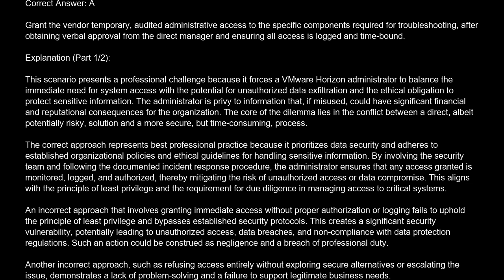An incorrect approach that involves granting immediate access without proper authorization or logging fails to uphold the principle of least privilege and bypasses established security protocols. This creates a significant security vulnerability, potentially leading to unauthorized access, data breaches, and non-compliance with data protection regulations. Such an action could be construed as negligence and a breach of professional duty.